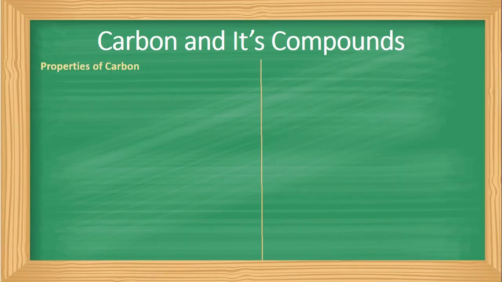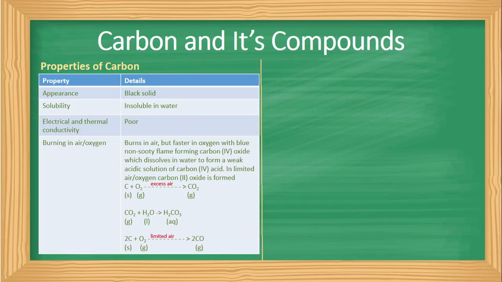Now let us look at the properties of carbon. One, appearance: it is a black solid. Solubility: it is insoluble in water. Electric and thermal conductivity: very poor. Burning of carbon in air or oxygen: in excess air or excess oxygen, it forms carbon 4 oxide.